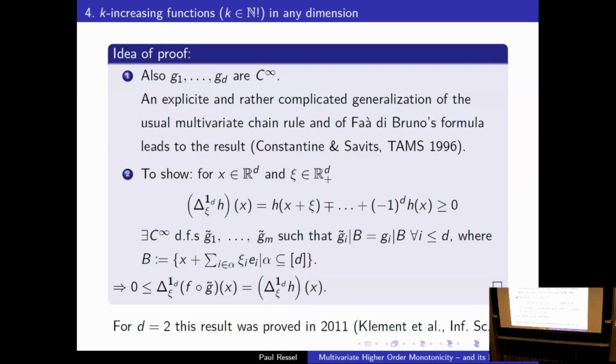And this finite set is x plus all these possible finite sums of psi_i e_i in all the directions using this vector psi. And then I know, because of part one, that this is justified, and G1 is simply the same as H on this finite set. So I have the proof.